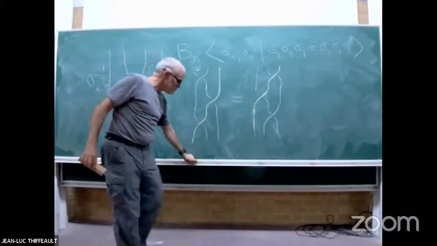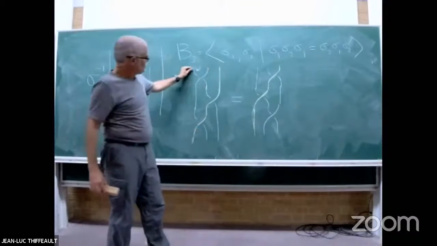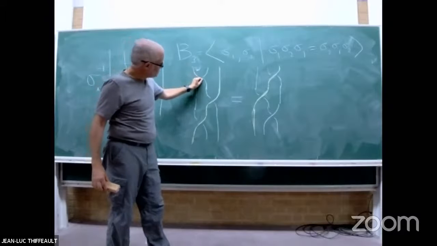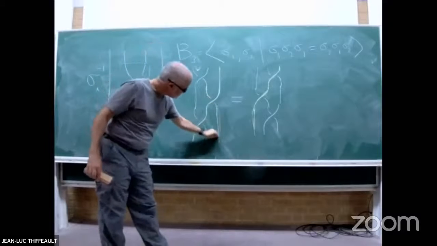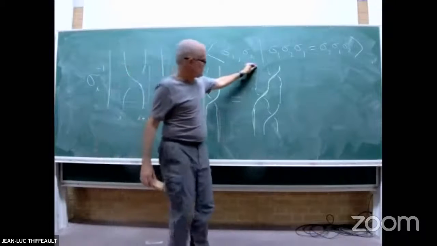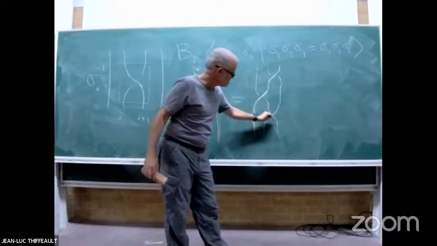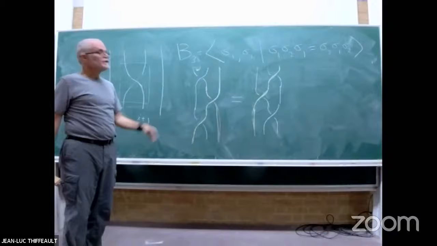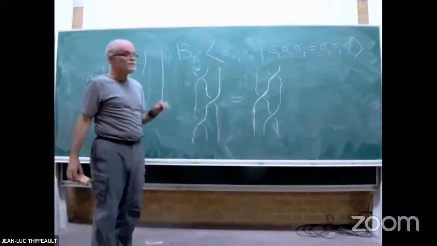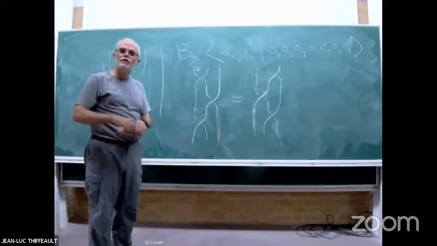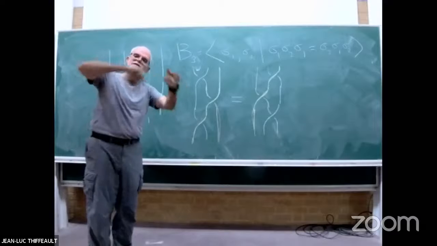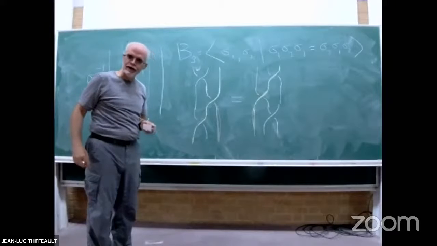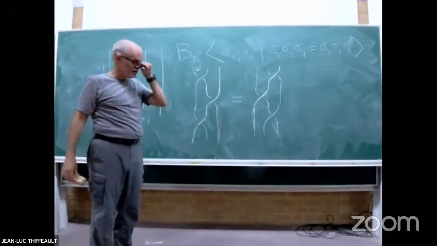And similarly, this string goes under everything exactly the same as this string. And then finally, the third string is between the other two strings. So it really is just a half twist of the first and third string around the second string.